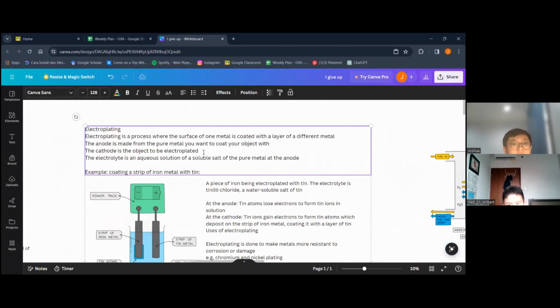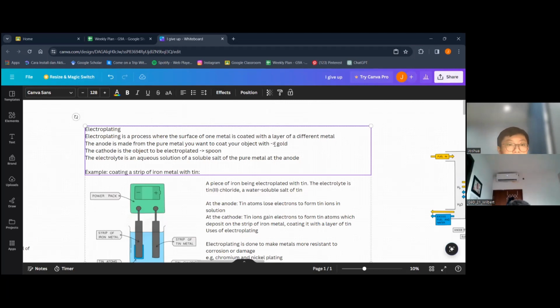And the anode is the substance you want to cover your object with, and the cathode is the object to be electroplated. So the cathode will be the spoon. And for example, you want to coat it with gold. So your anode would be gold.